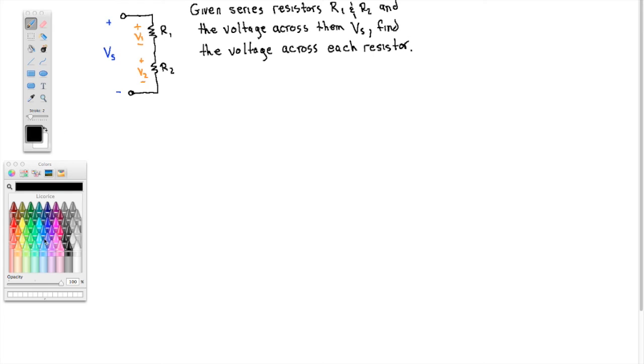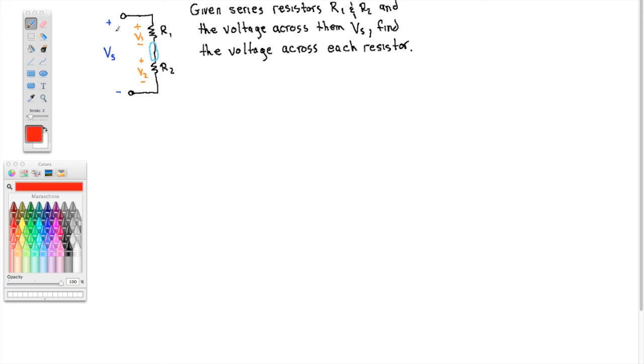First of all, let's verify that those resistors in my picture are in fact in series. So here's a node, and they exclusively share that node. So yes, R1 and R2 are in series. Okay, and so we want to find V1 and V2 in this situation.